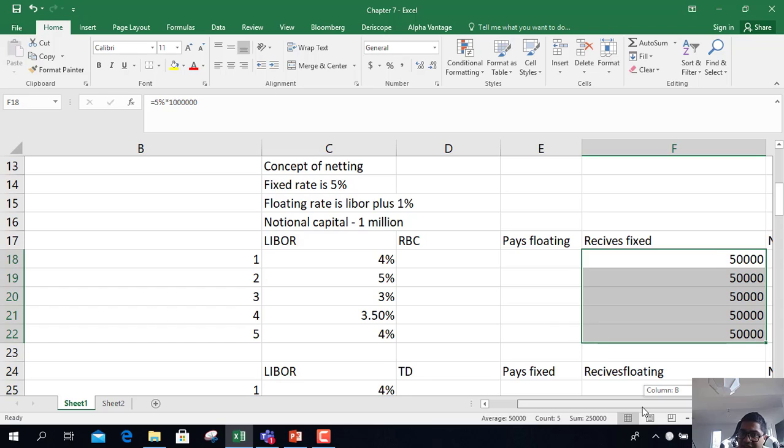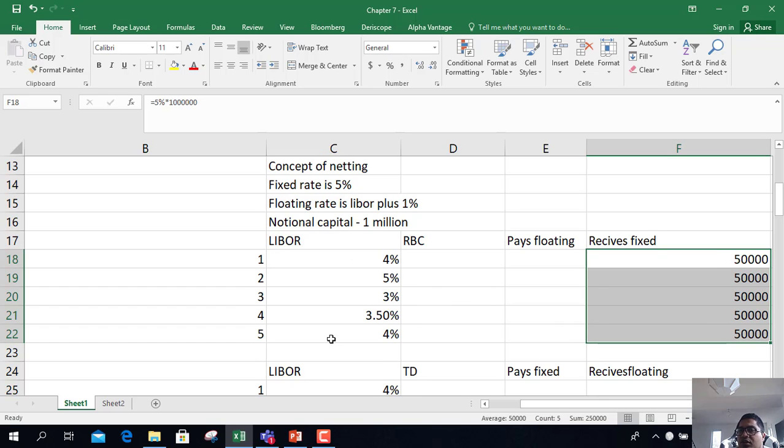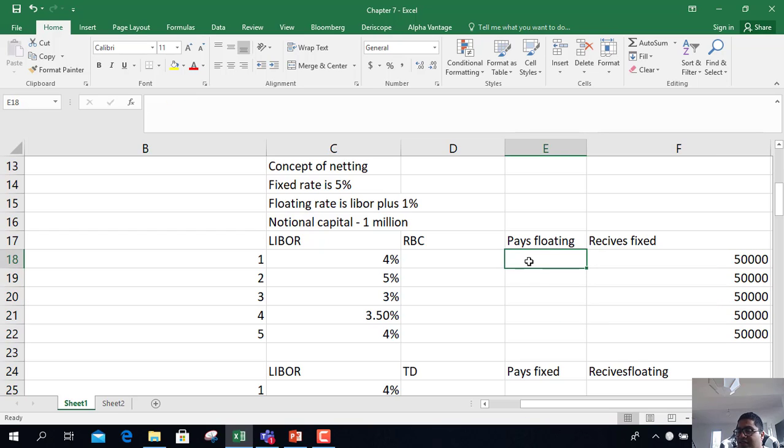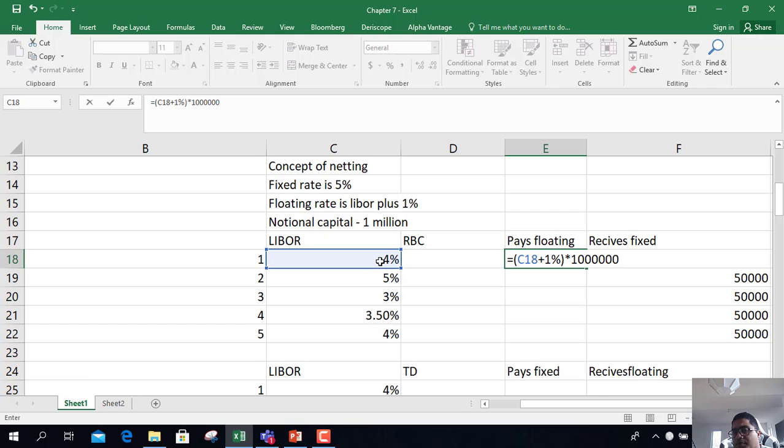Now how much it pays depends on LIBOR. So the floating rate for this example is LIBOR plus 1%. So RBC is going to pay LIBOR plus 1%, whatever LIBOR is in the market, into 1 million, that is the principal.